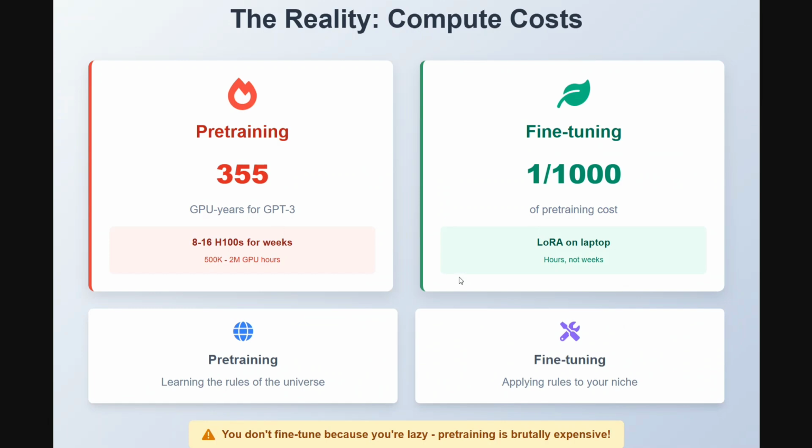About 8 to 16 H100 GPUs, among the best GPUs in the market, were running, and it required about 500k to 2 million GPU hours for training. Fine-tuning, meanwhile, is usually about one-thousandth of the pre-training cost.